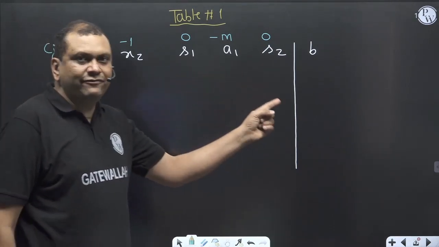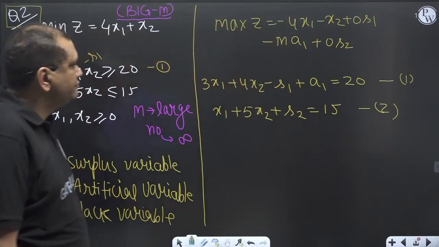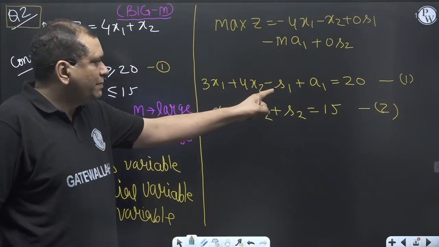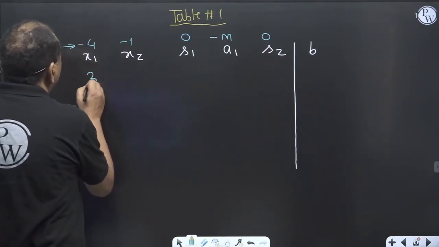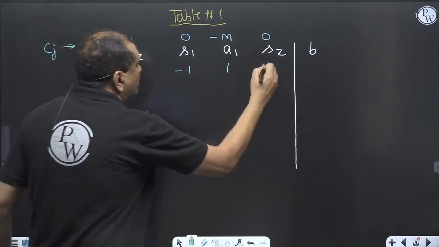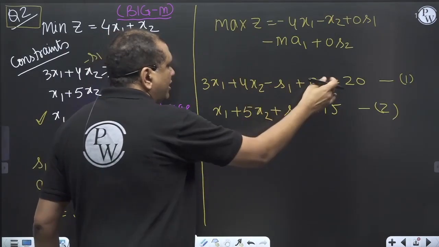Now write the information about the first constraint. 3, 4, -1, 1, 0 and 20.